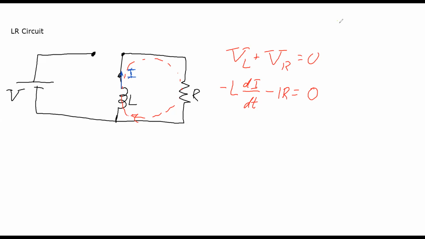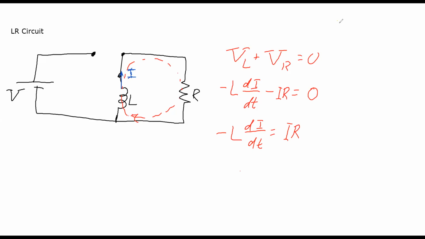All right, let me rearrange this here. I'm going to be careful with my algebra this time, so let me go slow. Negative L di over dt equals IR. I want to bring the i's to one side of the equation and everything else to the other.